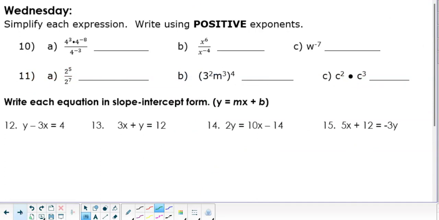For numbers 10 and 11, you're going to use your exponent rules to simplify each expression. 10a requires you to do 2 things. First, it requires you to simplify the numerator. Then it requires you to divide this quotient here. Negative 5 minus negative 3 is 4 to the negative 2 power. If you still have a negative power when you're finished, you take the reciprocal and make it positive.